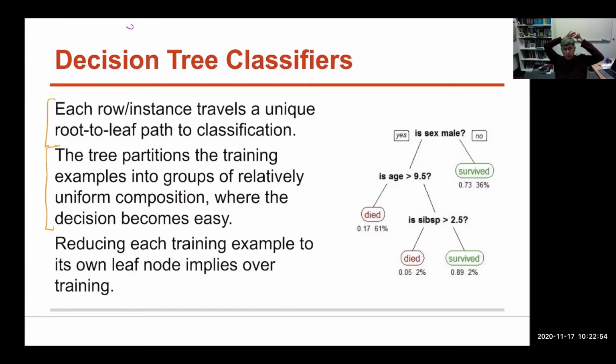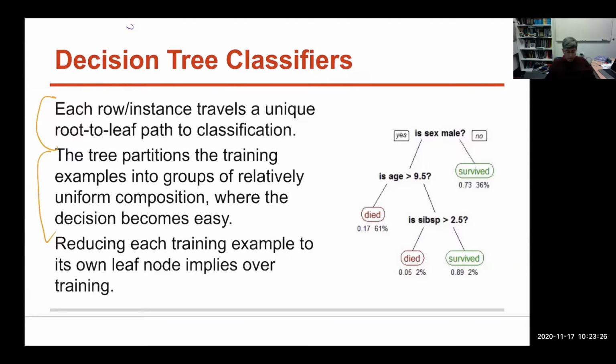You don't necessarily want every leaf to represent only elements of a particular class, but you want them to be enriched by one of the classes enough that we're going to call anything that reaches that node the majority label.